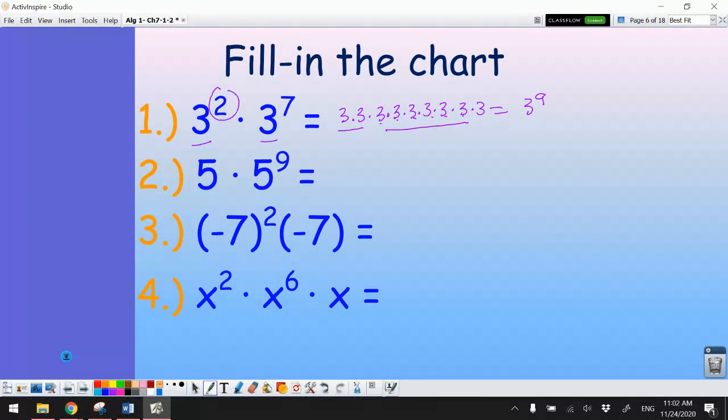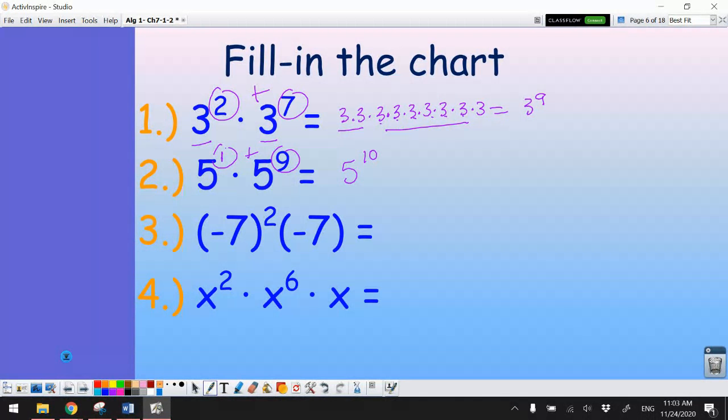I really took 2 plus 7 and I added and got 9. Well, what about this one? If that rule holds, then that's a power of 1, because if I just have a single base, it always has at least a power of 1. So if I add 1 plus 9, the base stays the same. 1 plus 9 is 10.